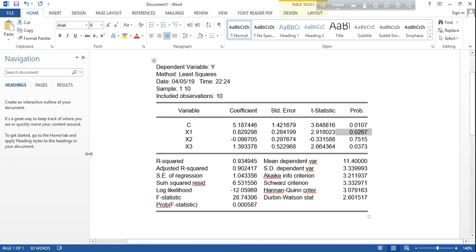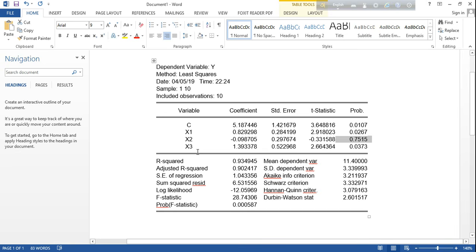Then it comes to x2. For x2 we see the probability value is greater than 0.05. The probability value of x2 is 0.7515, which is greater than 0.05. So x2 is not a significant independent variable for this regression model, or we can say x2 doesn't determine y in a good way.